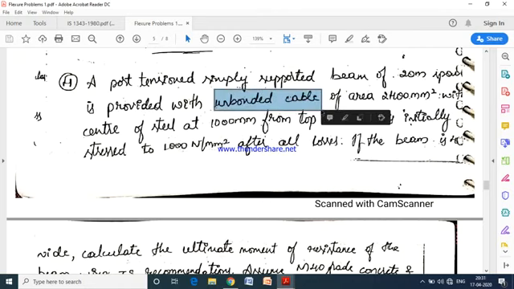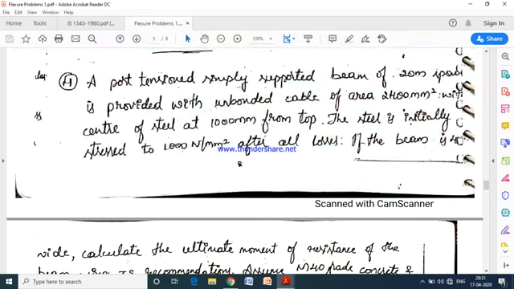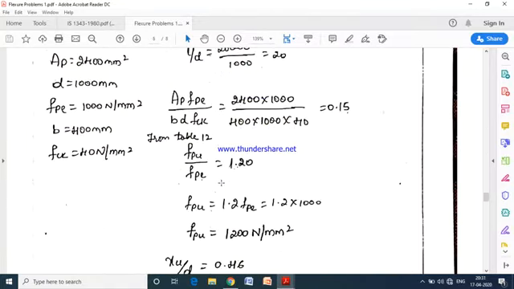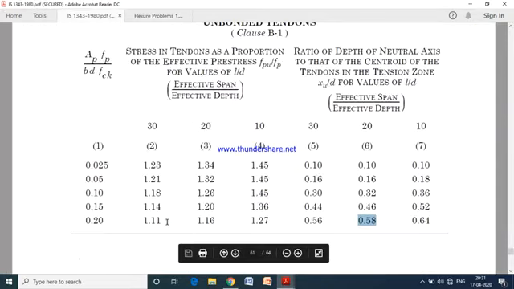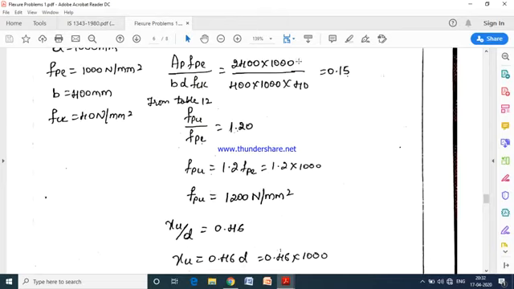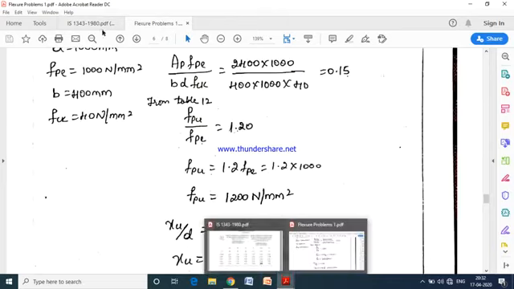So this is the same case as the previous problem, unbonded rectangular section. Again Table 12, Ap fp by b d fck is 0.15 and L by D ratio is 20.